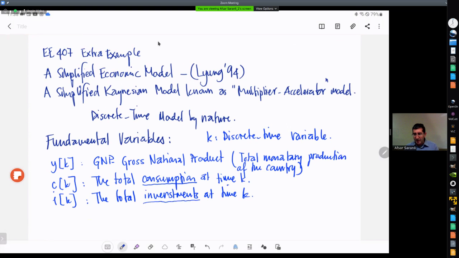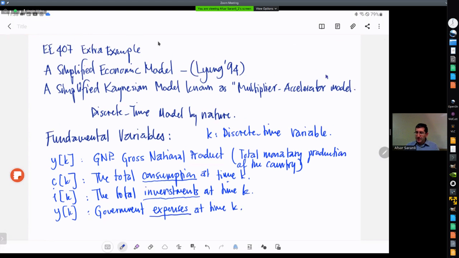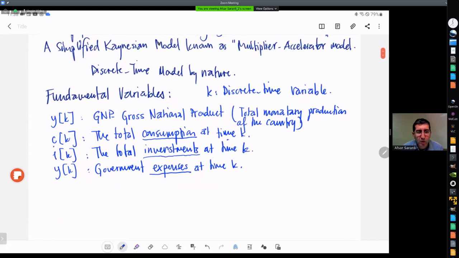We also have what is called government expenses. That is considered to be one of the primary variables. So government expenses at time k. Government expenses are considered to be a separate entity, and we will see how these variables will affect each other.